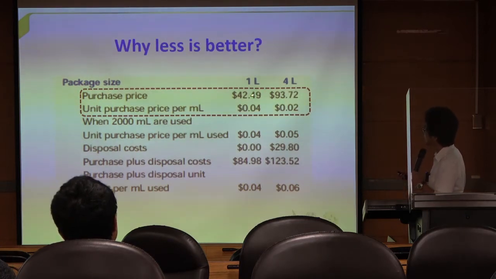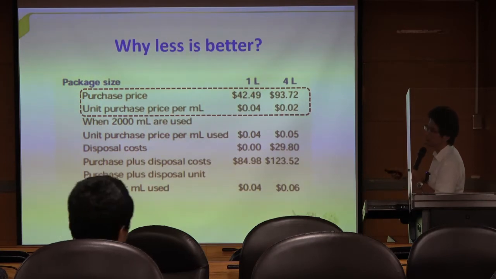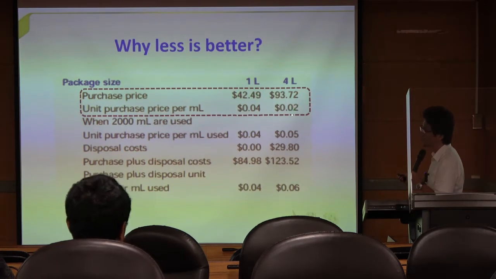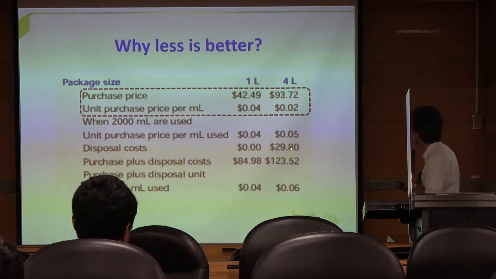But for reagents, the price is very expensive for 1 liter compared with 4 liters. But if you only use 2 liters, then you need to pay for disposing of an additional 2 liters.